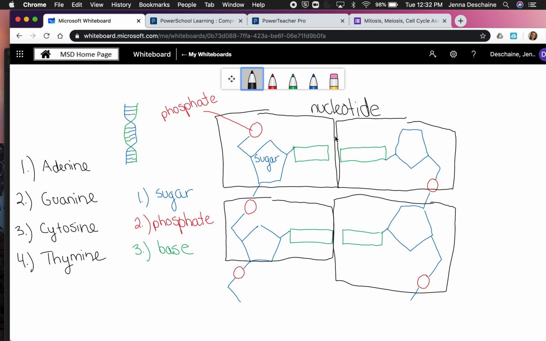But it's important to note that these bases are able to bond with each other, okay? I'm going to show a little bond right here. They connect together, and that's what keeps the double ladder in place, all right? But you might be wondering, which bases can bond to the other bases, okay? So a good way to remember that is apple in the tree, car in the garage.